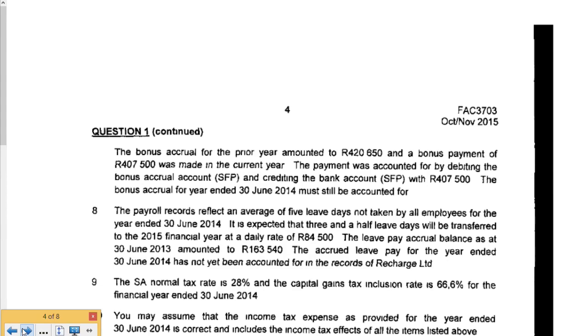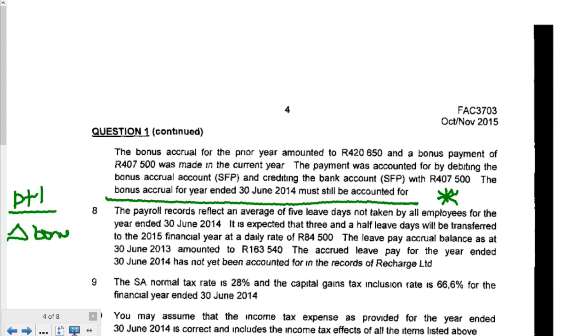The bonus accrual the previous year was this. The bonus payment was made. The payment was accounted for by deducting. The bonus must still be accounted for. So there's the bit that needs to still be done. Remember how it affects profit? What goes into P&L is any change in the bonus provision plus any bonus paid in cash.